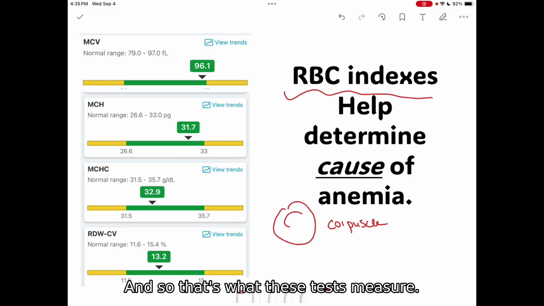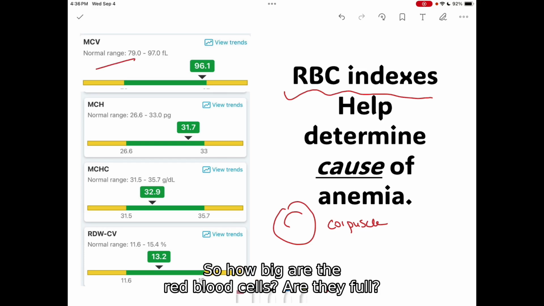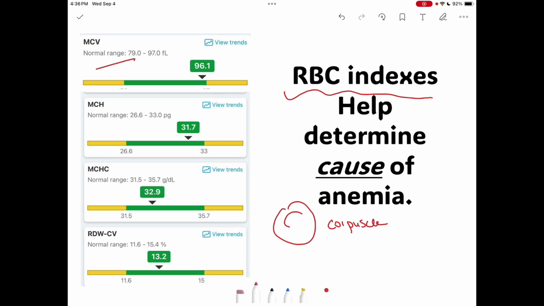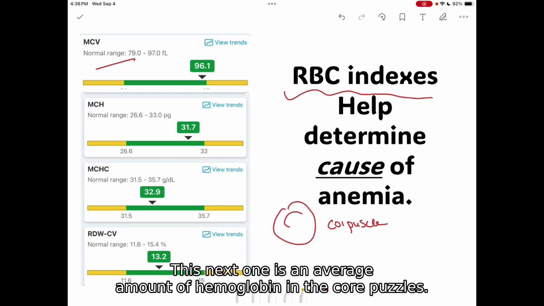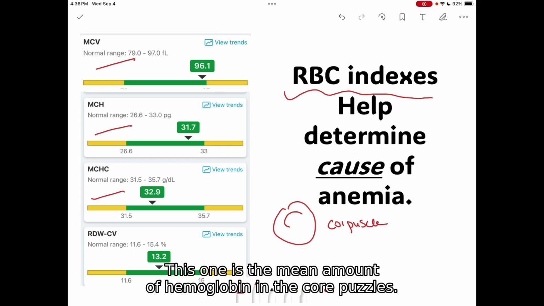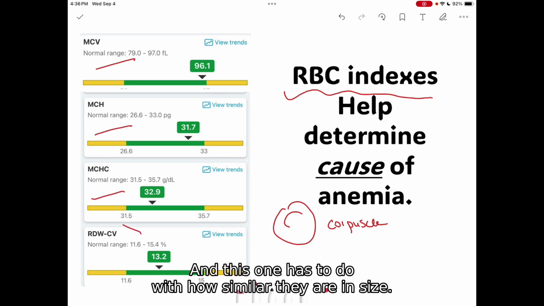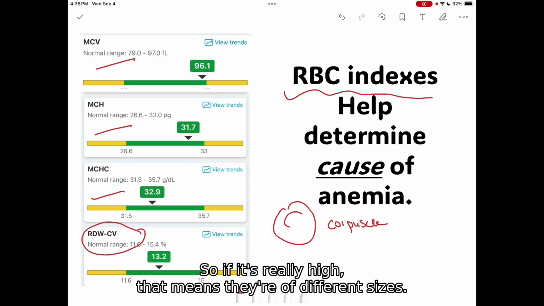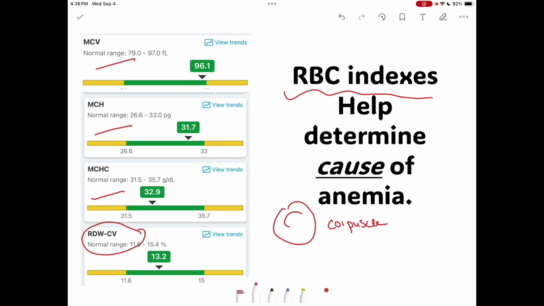And that's what these tests measure. So this one is mean corpuscle volume. So how big are the red blood cells? Are they full? This next one is an average amount of hemoglobin in the corpuscles. This one is the mean amount of hemoglobin in the corpuscles. And this one has to do with how similar they are in size. So if it's really high, that means they're of different sizes.